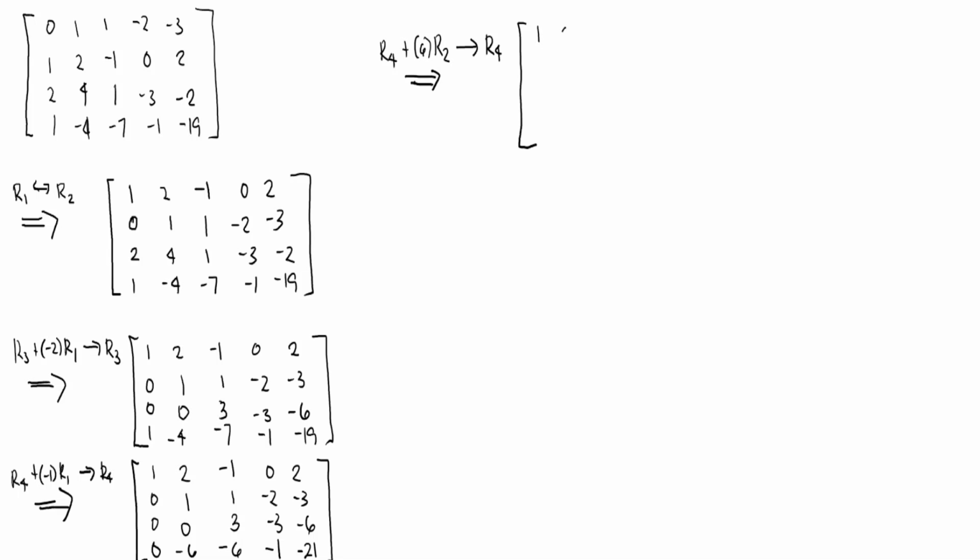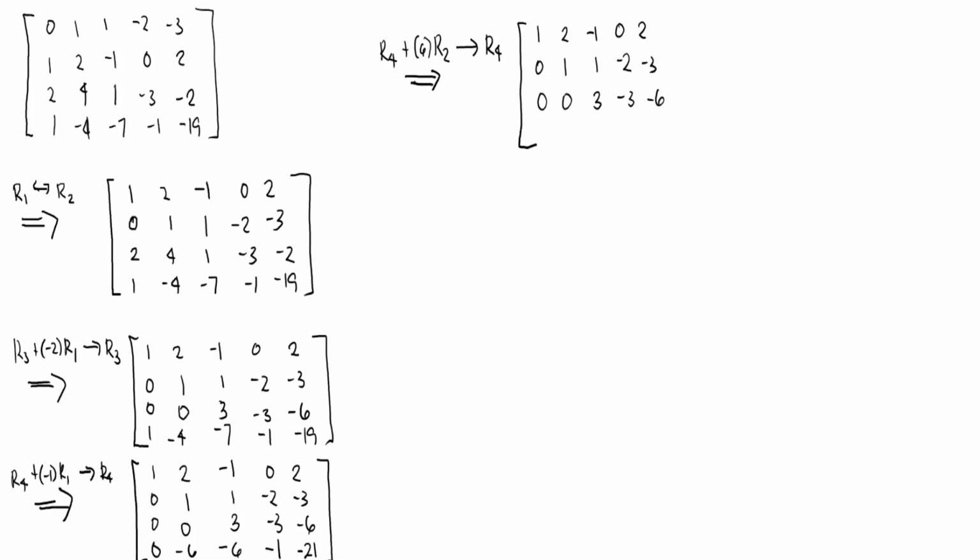Okay, so we copy the first row: 1 0 2 0 1 1. We just want a new row 4, so we will copy the rest of the rows given. So we have 0 0 3 negative 3 negative 6. Again, we will multiply this row by 6 and then add it to row 4.